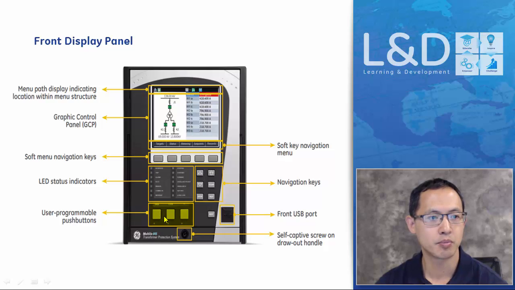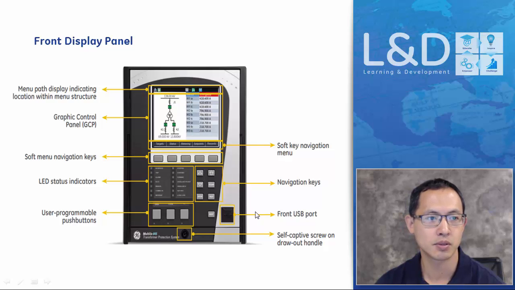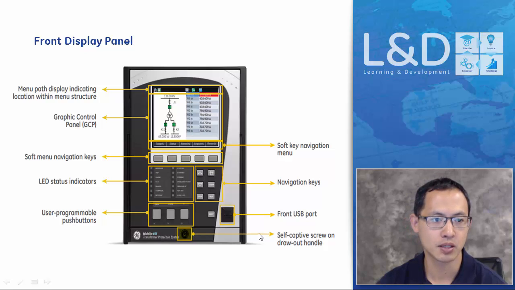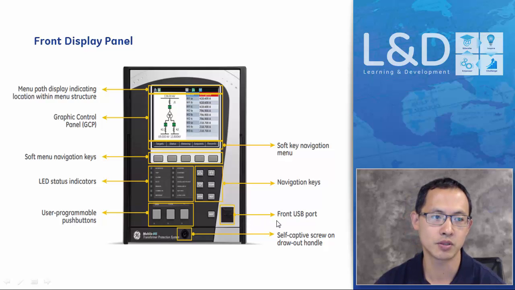Below there are 3 programmable push buttons, and there are 7 keypads which can be used to navigate through the menus. There's a front panel USB port which can be used for quick connection to the PC software, and there are also self-captive screws on the draw-out handle which can be used to pull the relay out from the chassis.